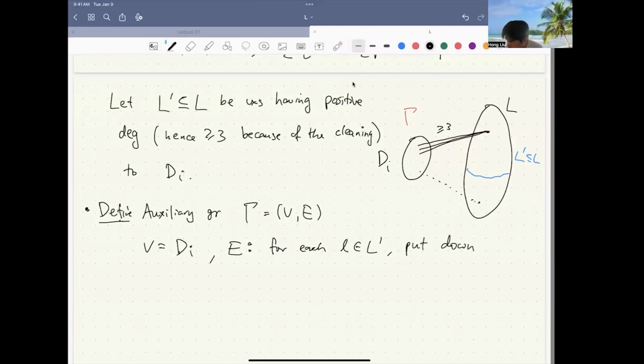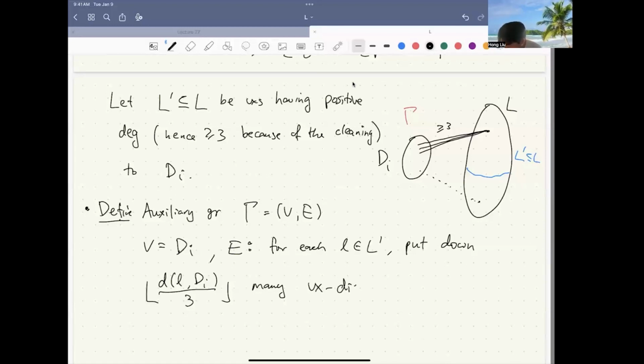Put down floor of dL in DI divided by 3, meaning vertex disjoint triangles in its neighborhood in DI.